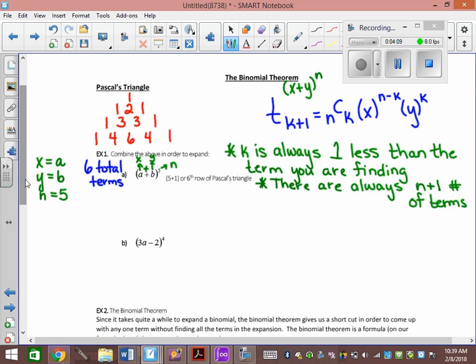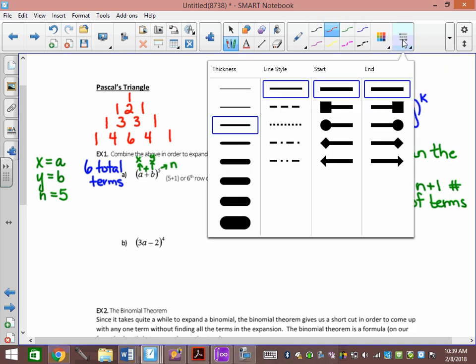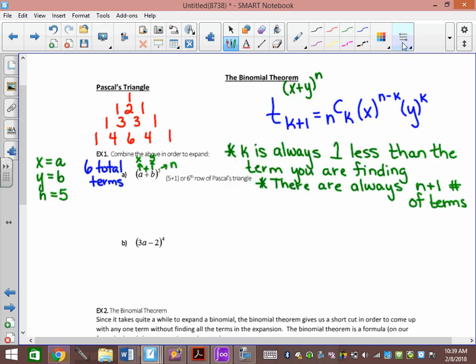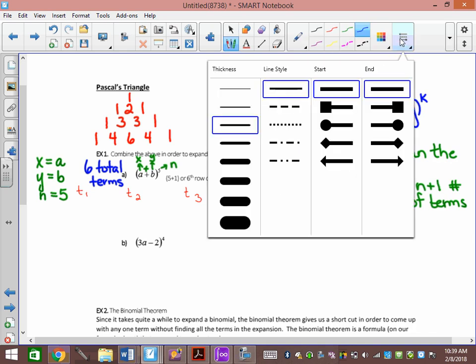Okay? So term 1, term 2, term 3, term 4, term 5, term 6. Okay? If I have all the terms that I'm finding, what are my k's?